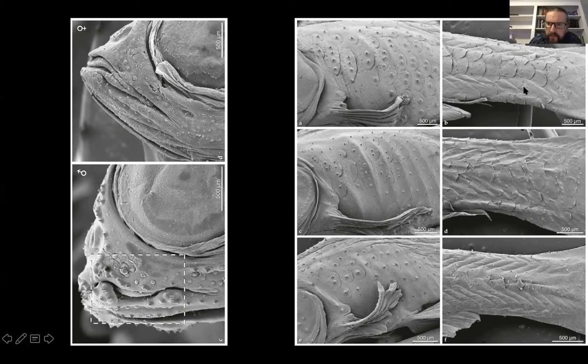If you compare these two upper individuals to this lower individual, you can see that these two individuals have scales on the caudal peduncle, and this lower individual only has a very small number of scales restricted to the midline of the body. And these are all adults. They're not different ontogenetic stages. And we know they're adults because they have tubercles.